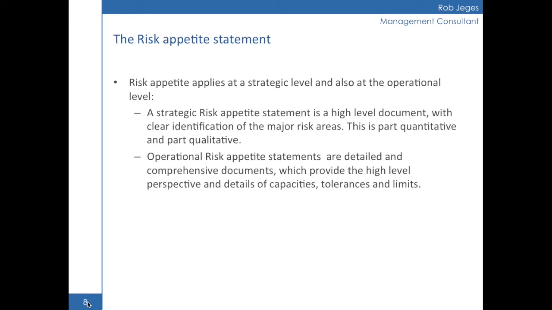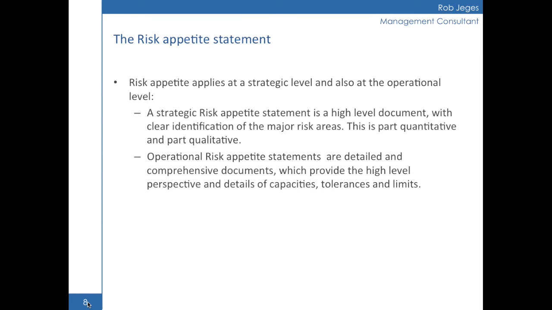So when creating a risk appetite statement at a high level, the main thing is to clearly identify the major risk areas, and it could be in part quantitative and qualitative, but mostly it is going to be qualitative. And there are a number of examples of risk appetite statements where typically people talk about having a high appetite or a low appetite, that kind of language.